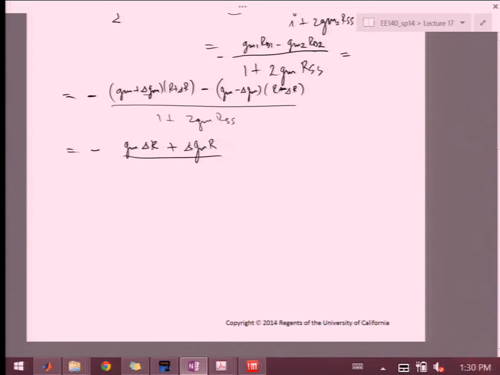We can label this as halves, and then they add up. So 1 plus 2 GM RSS. Okay.